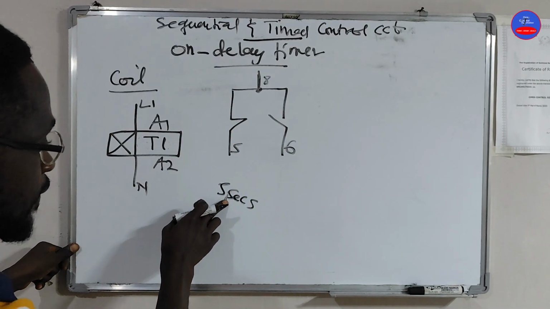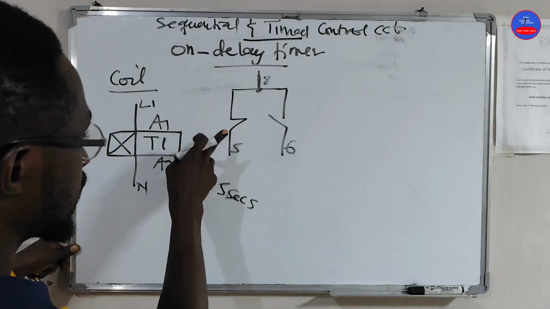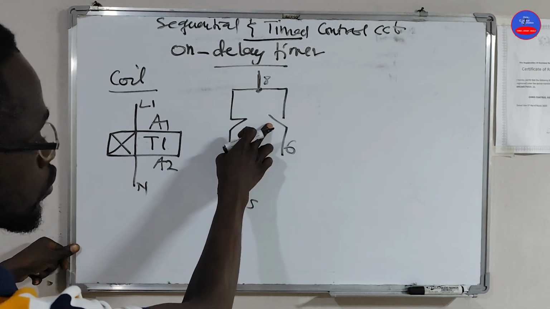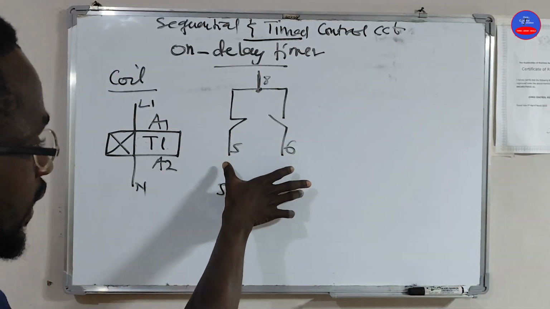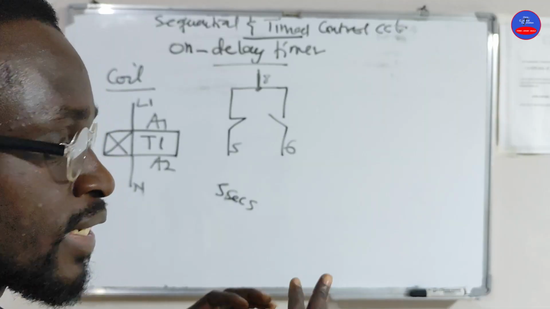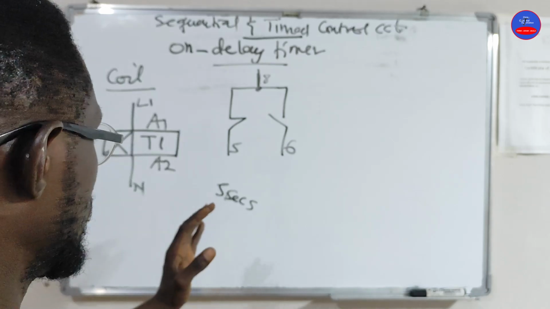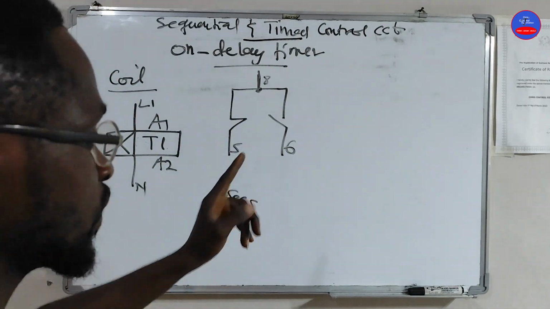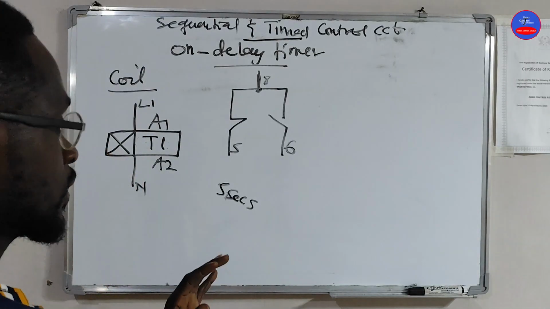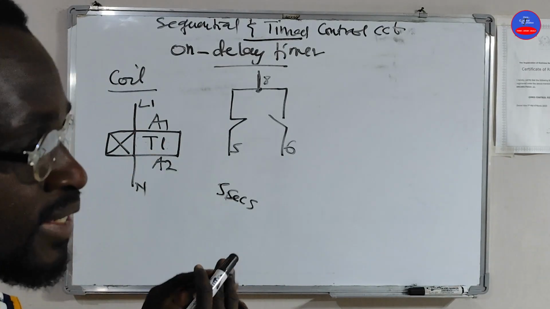So the moment the 5 seconds is reached, this contact will open and this contact will close. Whatever circuit you have designed using the contacts will behave the way you want. After the preset time, the contacts change their state and stay that way until the timer is de-energized.